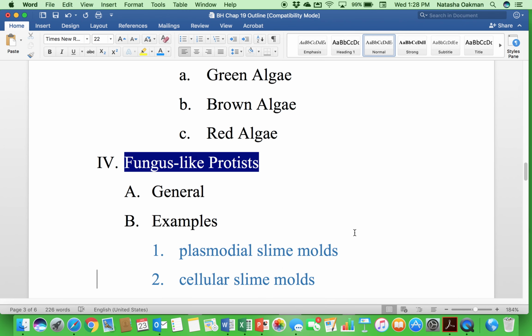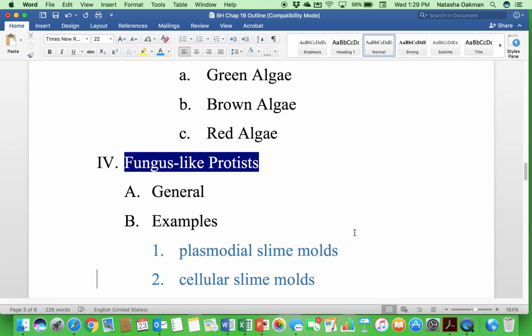Okay. Next up are cellular slime molds. Cellular slime molds form amoeba-like cells, and they're single-celled, but when the conditions, once again, we're talking poor conditions, if there's a lack of food, a lack of water, these cells swarm together to produce a pseudoplasmodium.